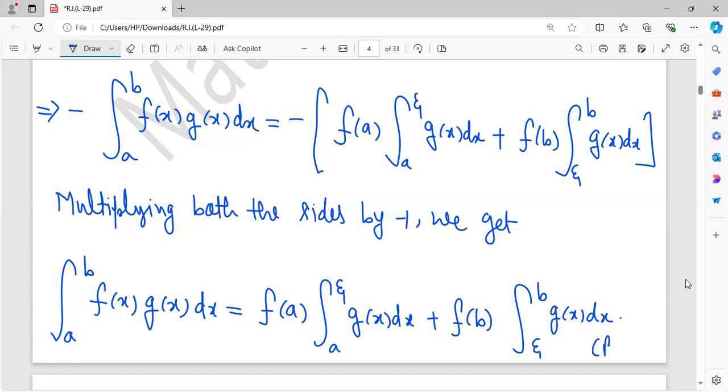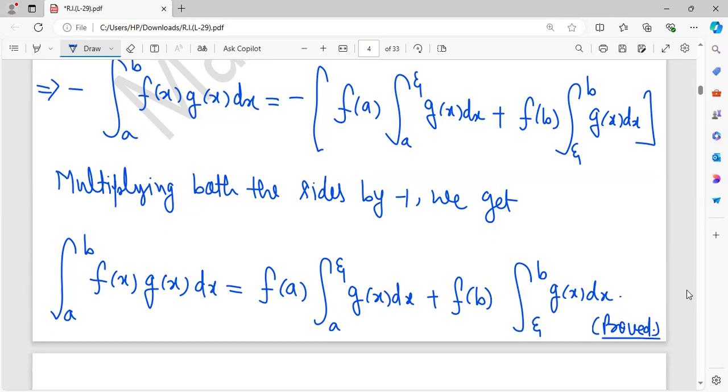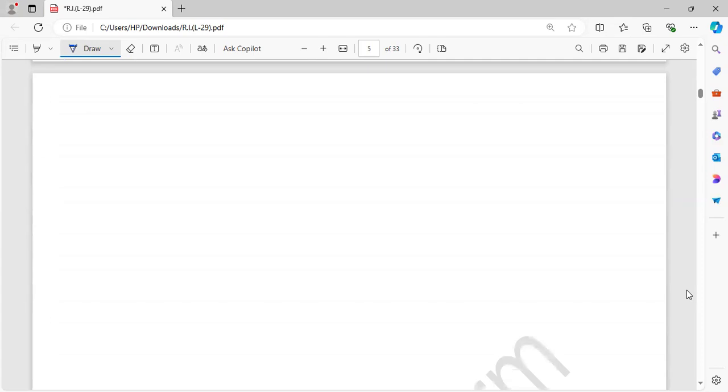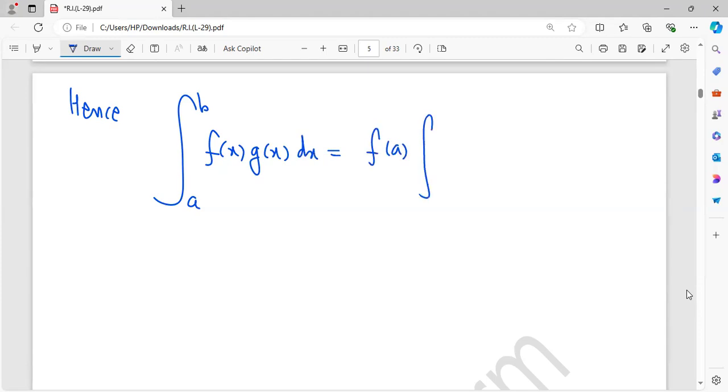Okay, so this is proved. So we have proved the theorem in both the cases. Hence the theorem is proved finally.